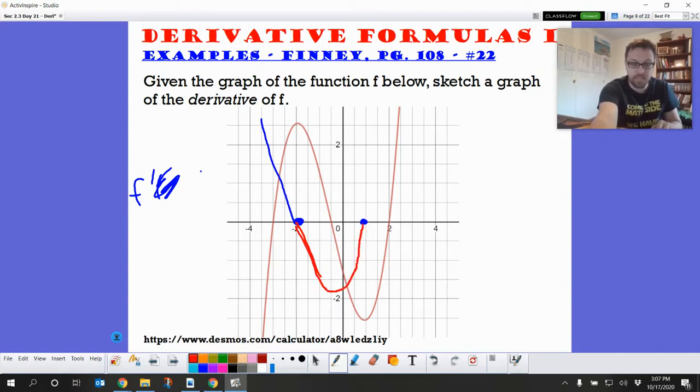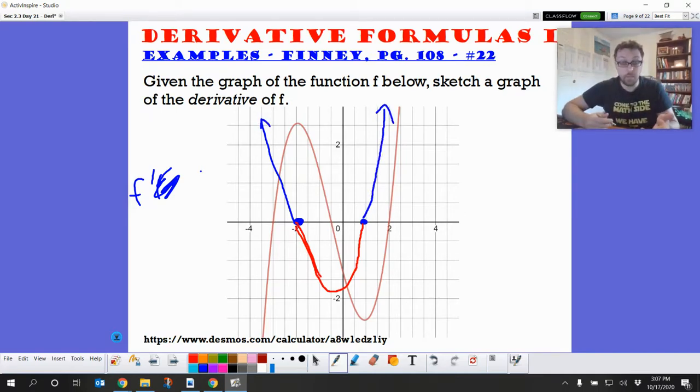But not until it hits this critical point, that's the fancy name for it, down there. After that, it starts being positive again. These are all positive slopes, and positive slopes that are getting steeper and steeper, so it's going up. So that graph is the graph of f prime, that whole U shape.